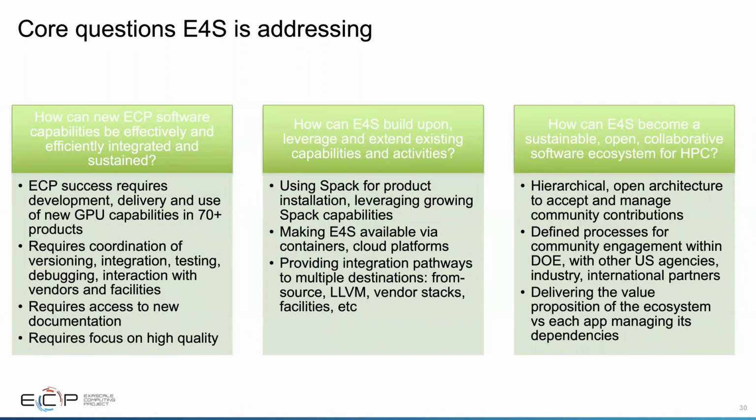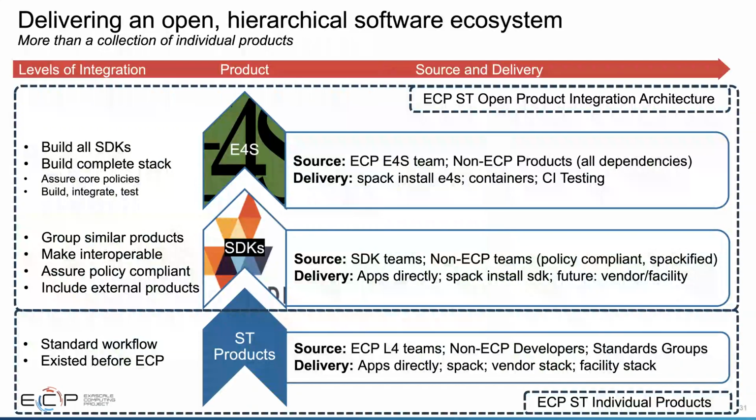And this is something that we are working on together with the Department of Energy and other US agencies, industry partners, and even international institutions to deliver the value proposition of the ecosystem of this software stack. And we want to build an open hierarchical software ecosystem based on Spack. And we start with the software technology products. We integrate with SDKs and create the E4S.